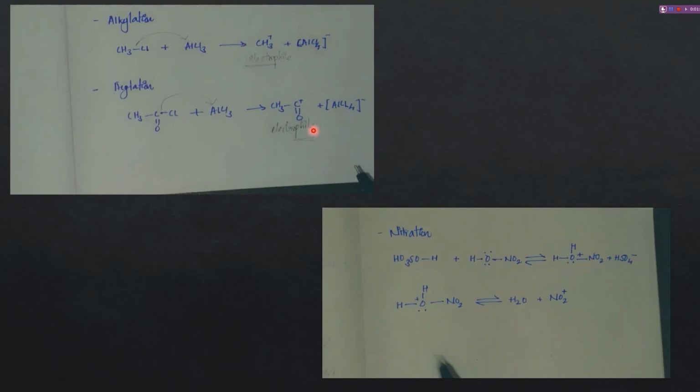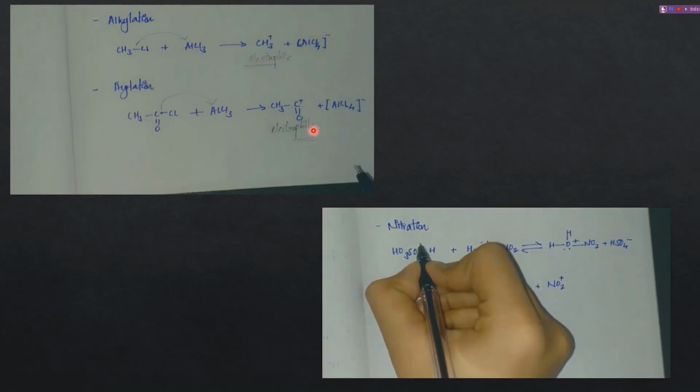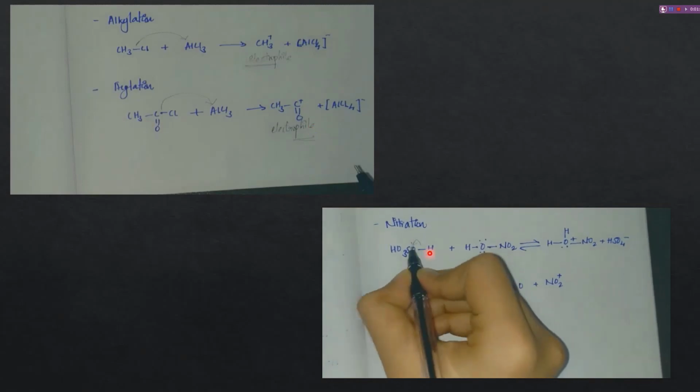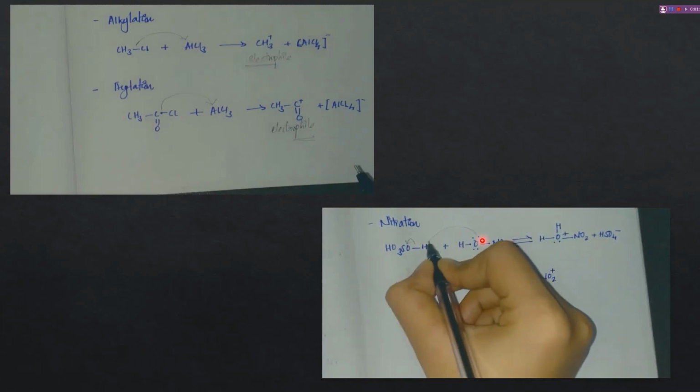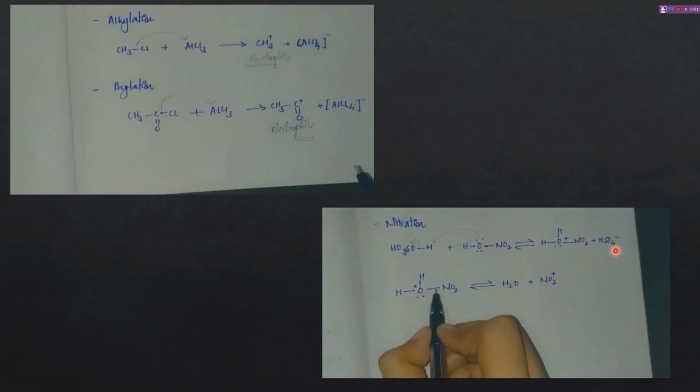In the case of nitration, the NO2 plus is produced by the transfer of a proton from sulfuric acid to nitric acid. Here the proton, H plus, from sulfuric acid is taken by the nitric acid and hence the sulfuric acid is formed as HSO4 minus.